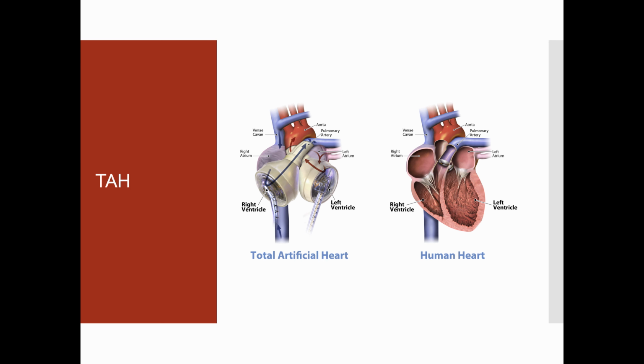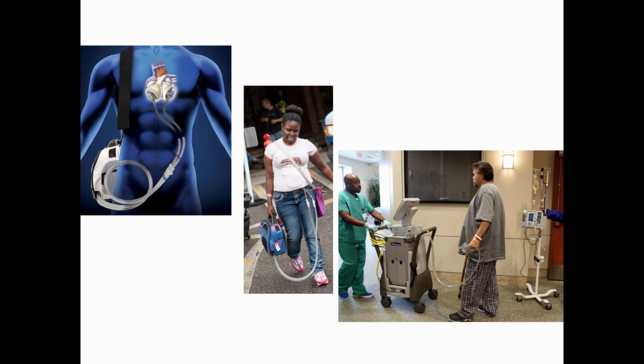The last thing here is the total artificial heart, or the TAH. The TAH replaces everything. The ventricles are taken out, the atria are all that's left, and the device is sewn directly to the right and left atria. This then becomes the functioning heart, essentially.